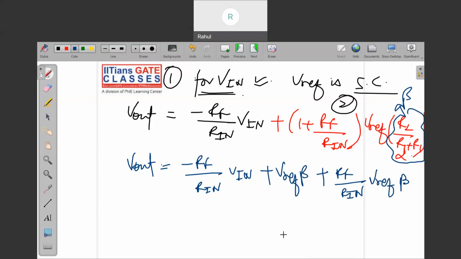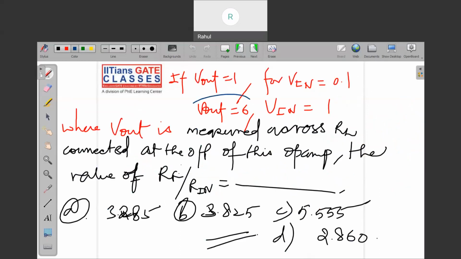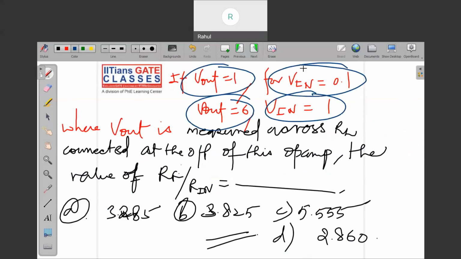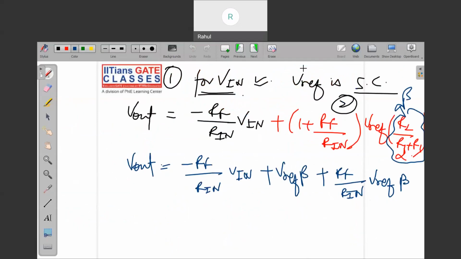Okay. So now what you can do here is you can plug in the information given. You can plug in these values: Vout for Vin equal to 1, Vout for Vin equal to 0.1, right? If you plug in these values and subtract them, you will get two equations and two unknowns, right?